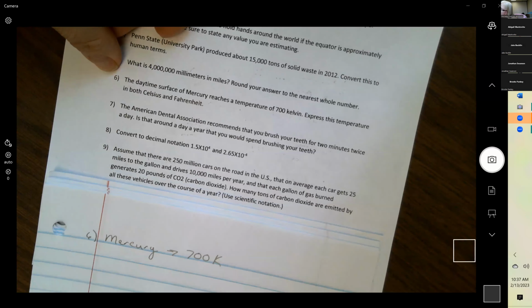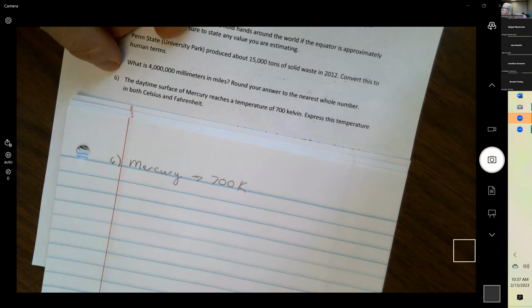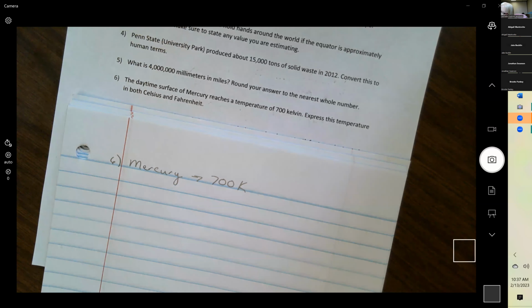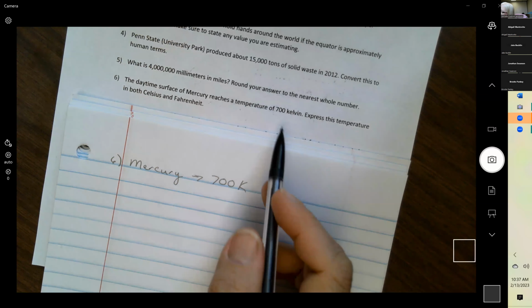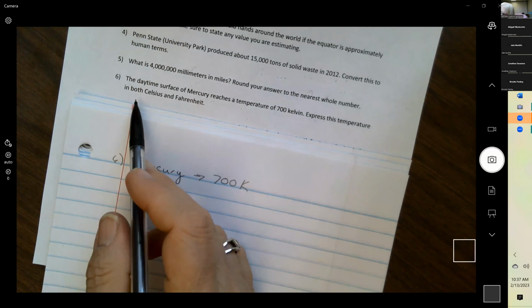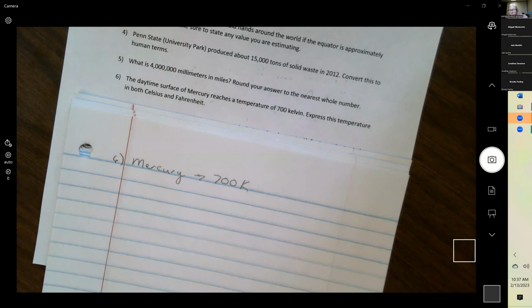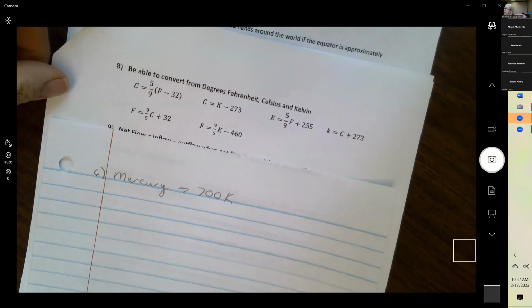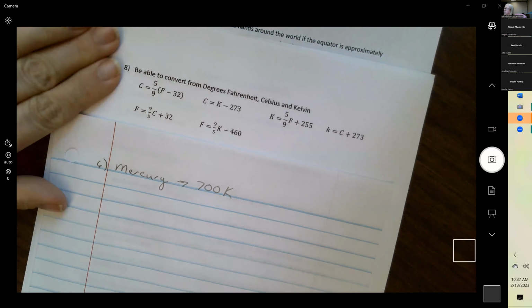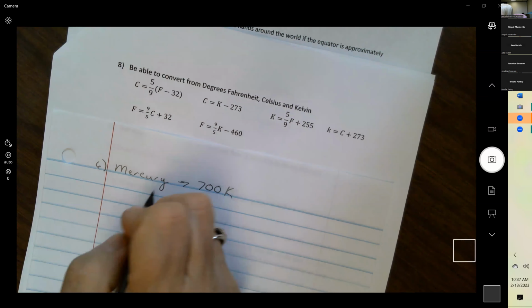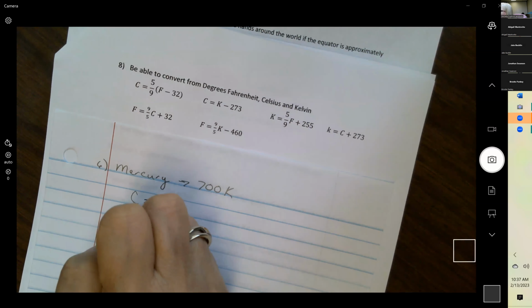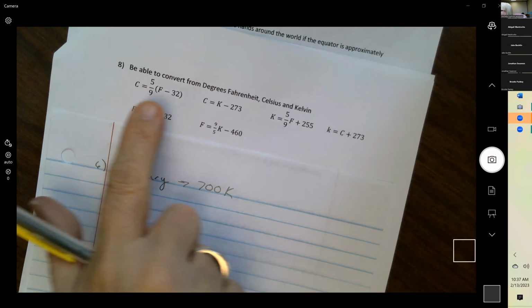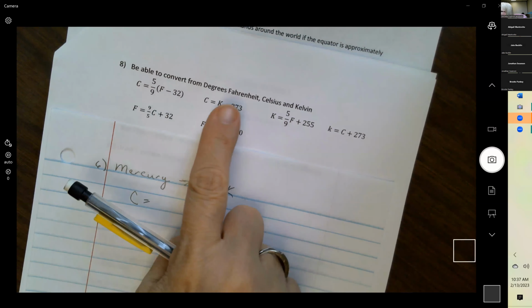On the test, you'll have to compare it with another one also. I thought I changed it, but I must not. Express this temperature in Celsius. So we would use our formulas. Celsius, there's these two depending on what you're given. We're given Kelvin.